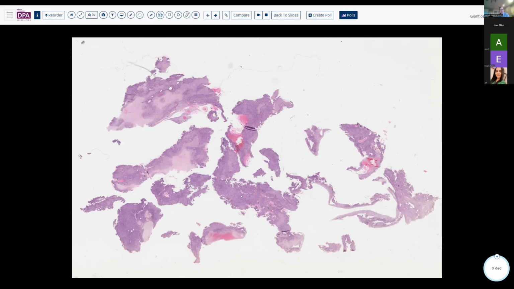So the first of these is one that came from my early years in practice. I think an 18-year-old patient who had a lytic lesion in the bone, I believe his femur. And this lesion appeared to cross the growth plate. So it was a metaepiphyseal lesion.